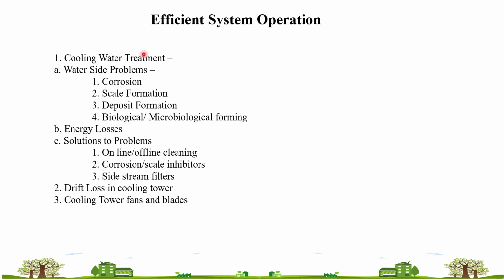There can be some treatments available. As we discussed, there can be formation of corrosion because you are using MS pipes and so on. The corrosion happens inside the piping and then it is passed to the system, so there is one problem of corrosion. Then scales are formed due to dissolved solids.